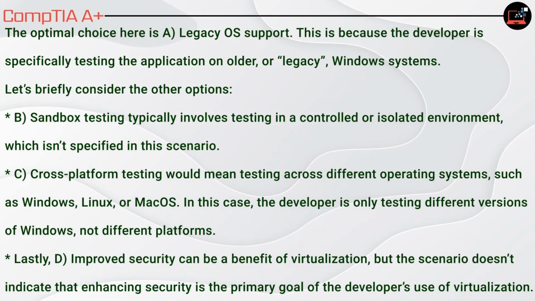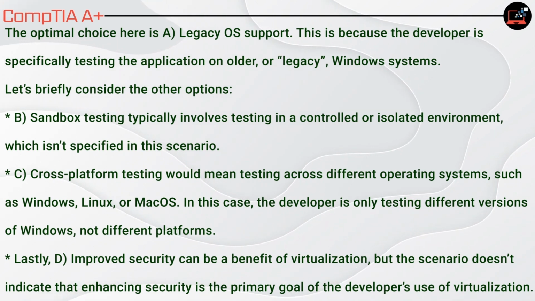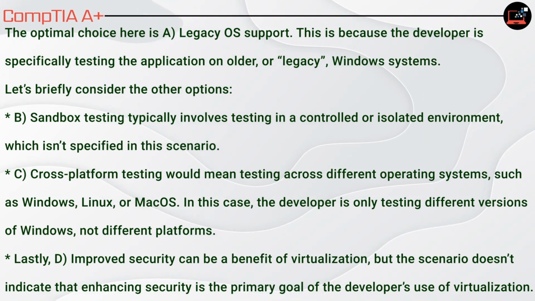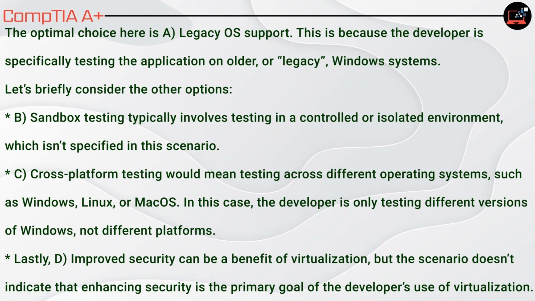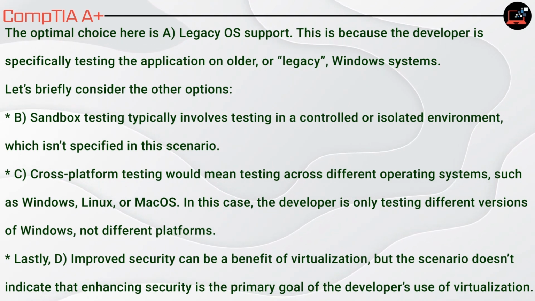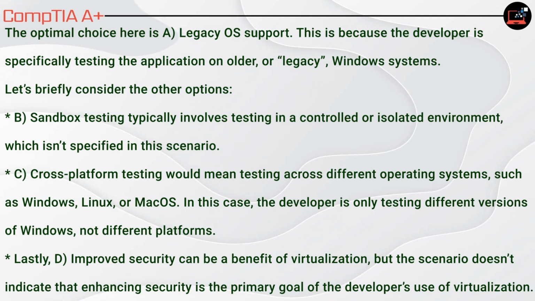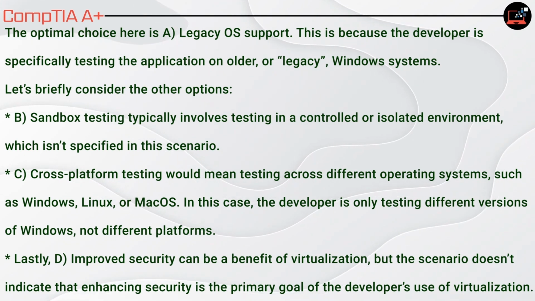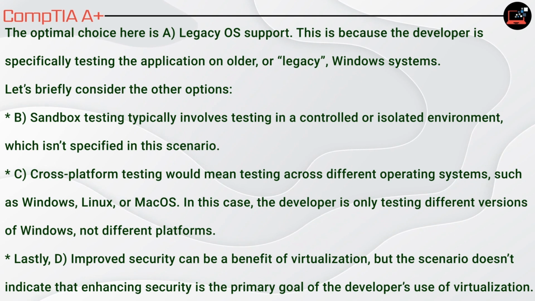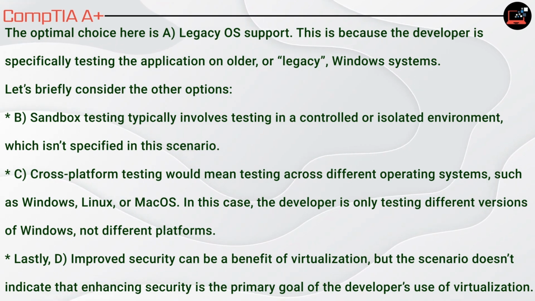C, cross-platform testing would mean testing across different operating systems, such as Windows, Linux, or macOS. In this case, the developer is only testing different versions of Windows, not different platforms. Lastly, D, improved security can be a benefit of virtualization, but the scenario doesn't indicate that enhancing security is the primary goal of the developer's use of virtualization.